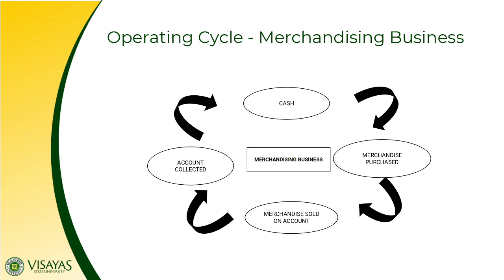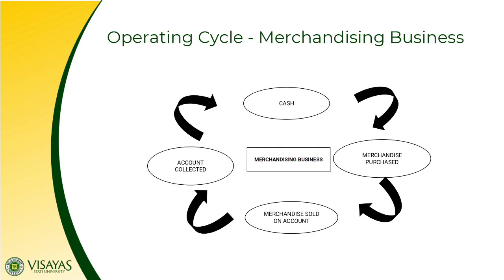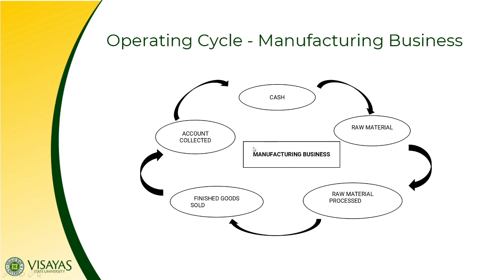This information is relevant in classifying assets and liabilities of the entity into current and non-current and also in the planning functions of the management. The operating cycle for a travel agency may take 3 months, while that of a wine manufacturer may take more than a year. For the manufacturing business, from cash to raw materials processed to finished goods to account collected and back to cash.